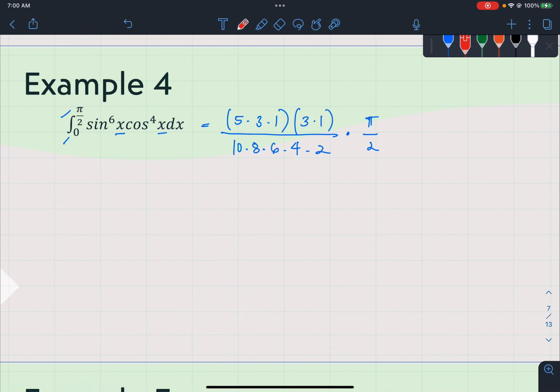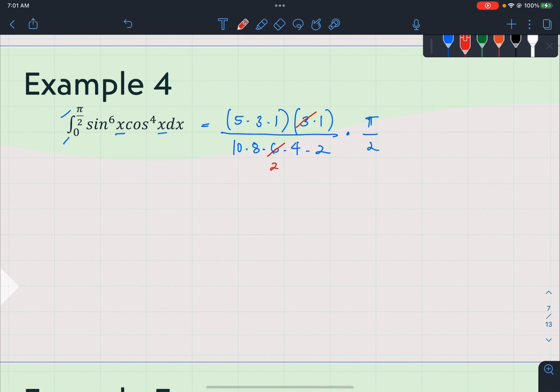And then you can do it on your calculator directly. So 5 times 3 times 1 times 3 times 1 times 5, all over 10 times 8 times 6 times 4 times 2 times 2. Then afterwards, just try to make it equal, and you'll get the lowest term. But if you want to do it manually, you can also. We'll have a 3 and a 6.